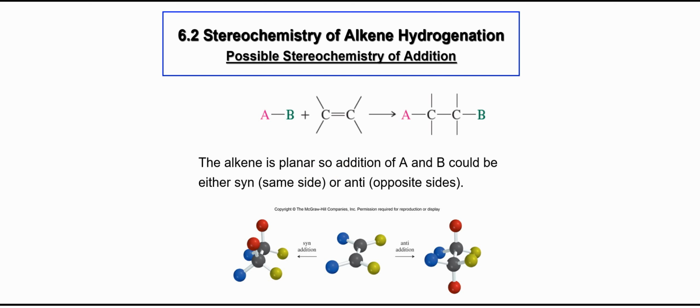It can be syn addition. It can also be anti-addition. In the case of hydrogenation reaction, syn addition will happen, meaning two hydrogen atoms will be added to the double bonded carbons from the same side.